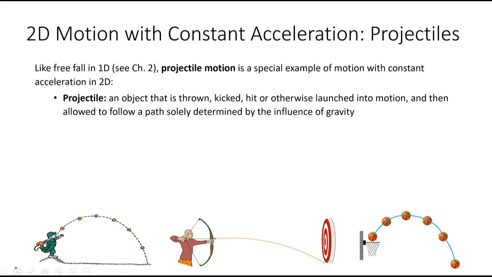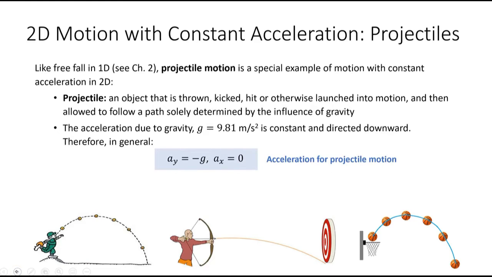All right, and then once the object has been launched, it's allowed to just fall freely due to the effects of gravity. So it's really going to be very similar to our one-dimensional free fall, except that this object is going to also have some horizontal motion. All right, but the only thing that's acting on it is still gravity. And so what that means is that it's only going to be accelerating in the y direction. Just like objects in free fall, it's going to have an acceleration in the y direction of minus g.